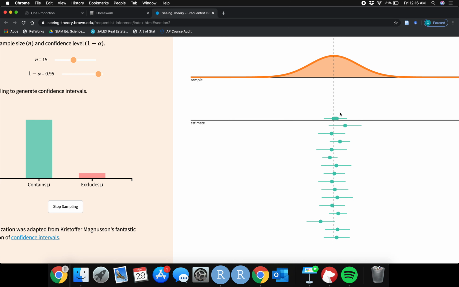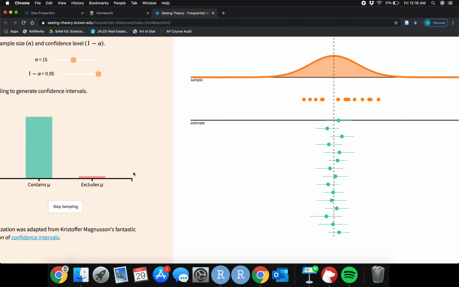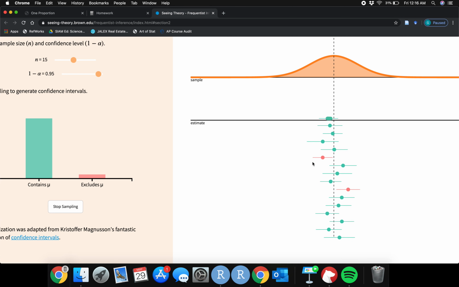Most contain the truth, but then there are some intervals that it'll create just from a weird sample that don't have the truth in them. And this is the idea behind confidence. They're sampling a bunch of times over here, and it'll keep on going until I stop it. You'll see that some of the intervals in red don't contain the truth. Most of them, which are green, do contain the truth.